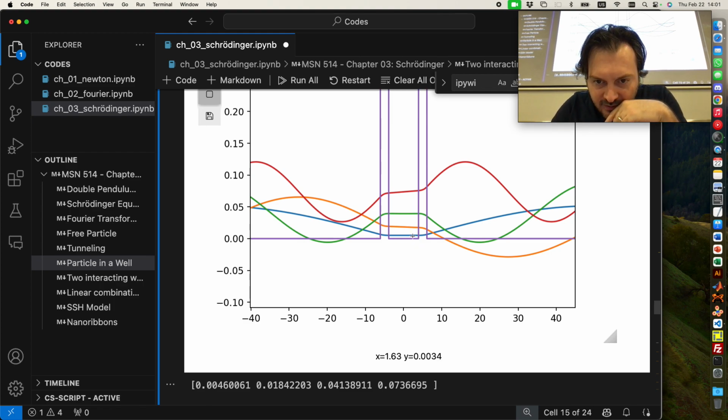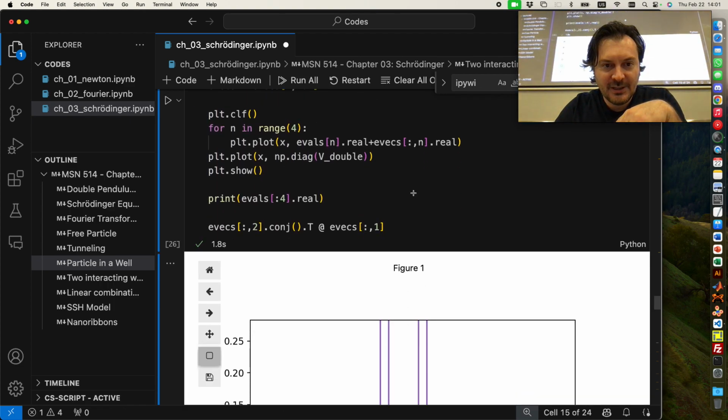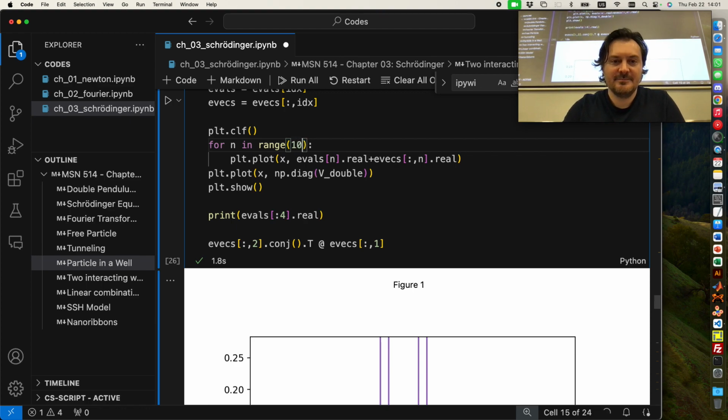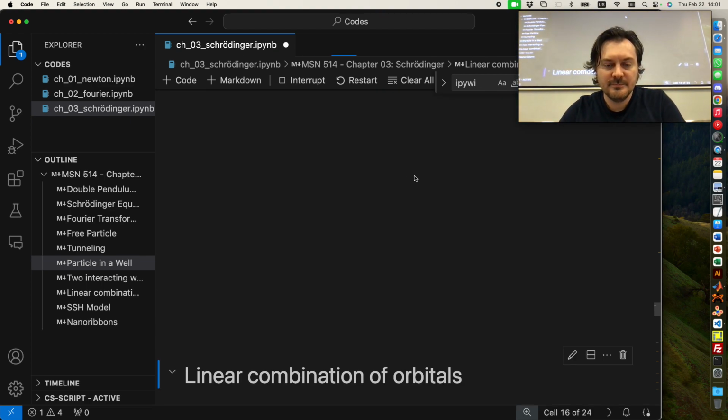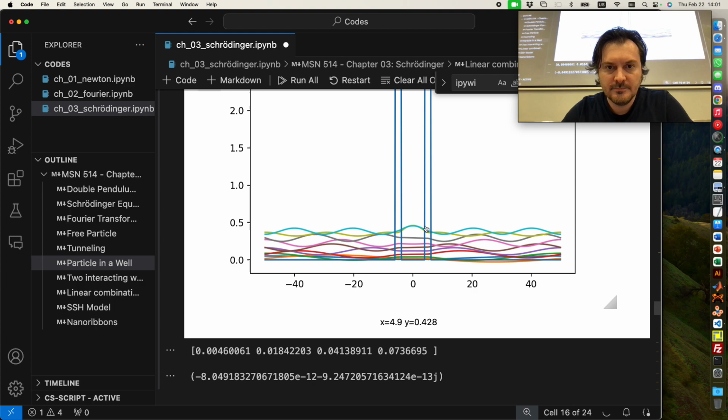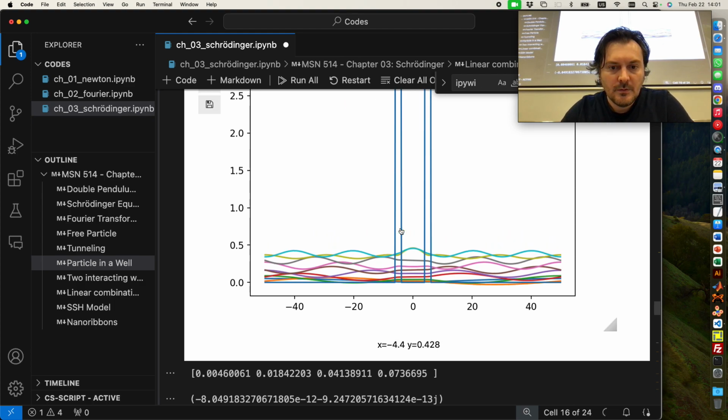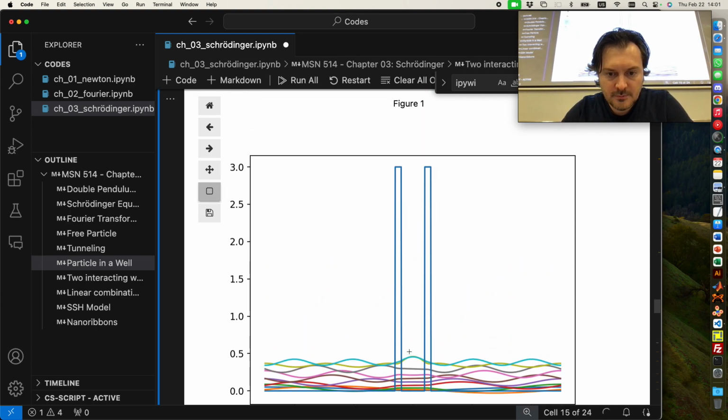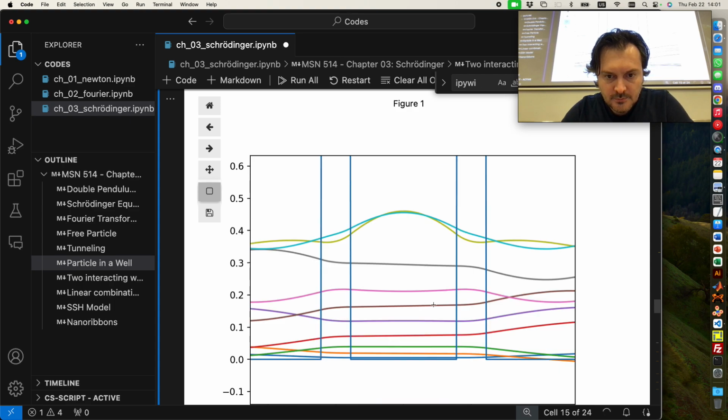But it seems like these are particle in a box energy levels. Let's put more levels. Yeah, seems like particle in a box energy levels, but then after some point they are just too energetic.